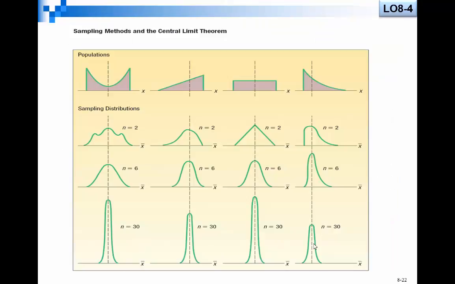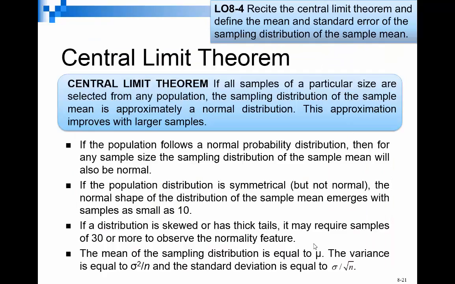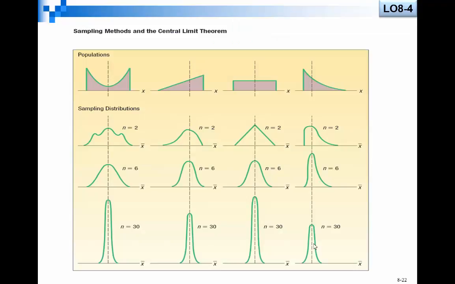Now, with the concept of this central limit theorem, put together with the standard error of the mean, we can start to determine ways to estimate the amount of error in any distribution.